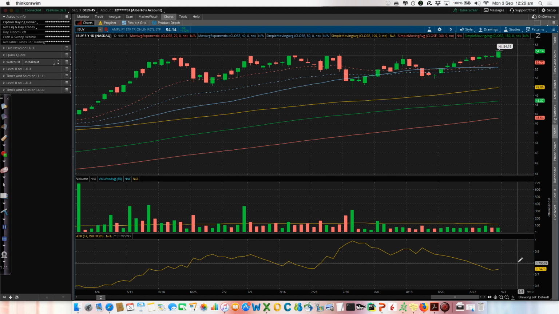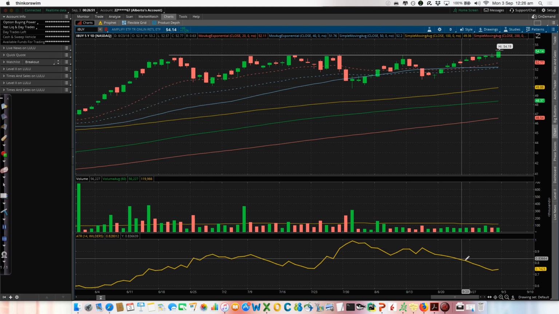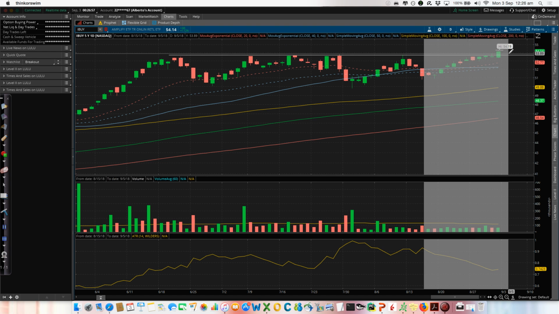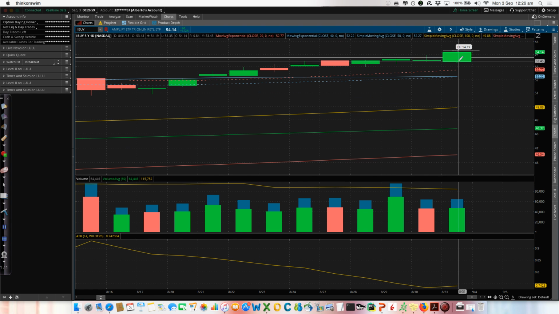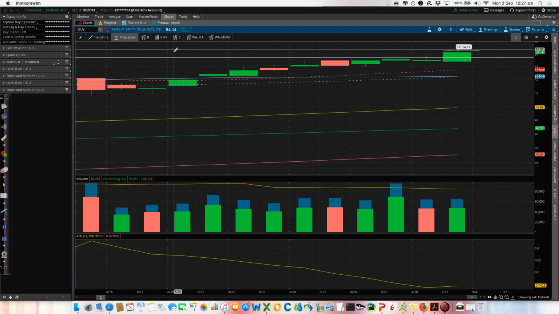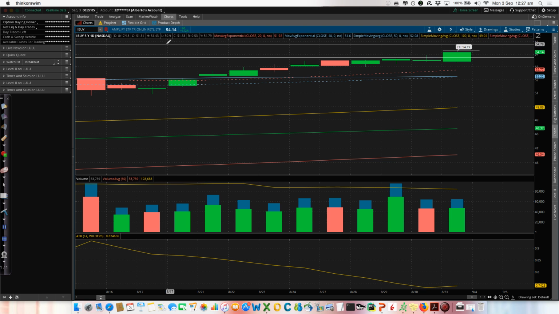Now, the ATR is here. Usually I take an average value. In this case I may take 0.8, and my stop loss will be, let's say the low is 53, you can see here, here.